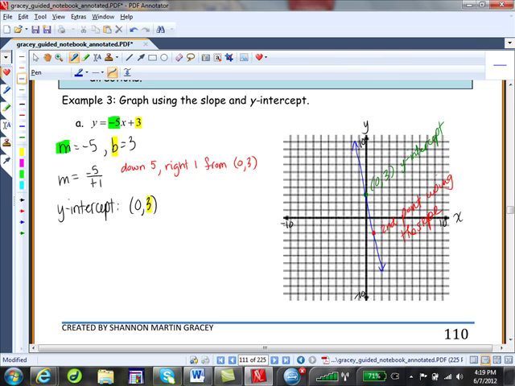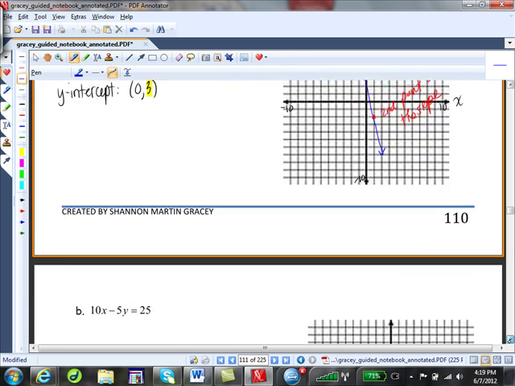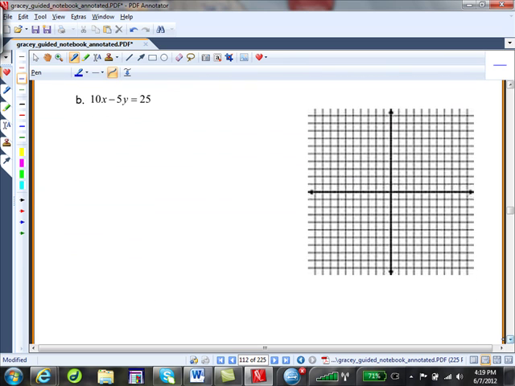It's a negative slope. Alright, so go ahead, pause the movie, and you guys try part B. Alright, let's see how you did on part B, and hopefully you went on to do part C as well.